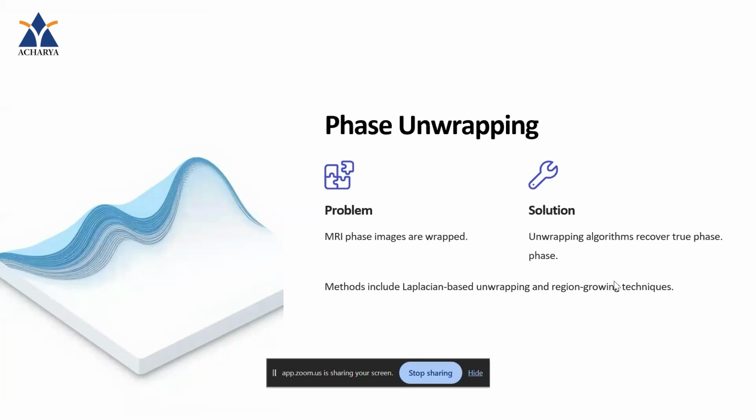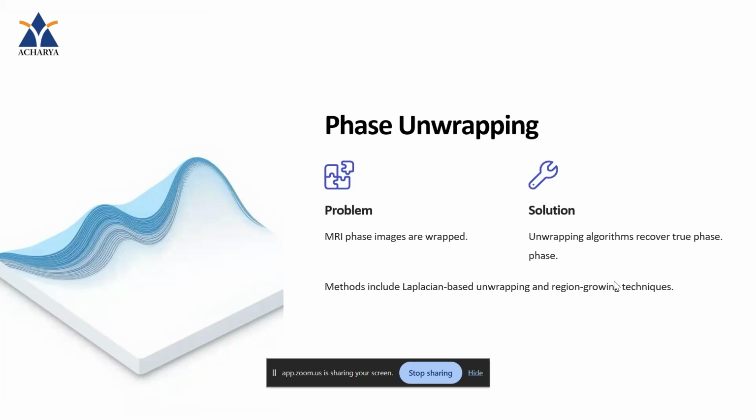Basically, we are reconstructing the image, the true phase shift distribution, the true, proper, correct phase present in the phase images. There are two methods to do this phase unwrapping. The first is called Laplacian based unwrapping and the second is region growing techniques.